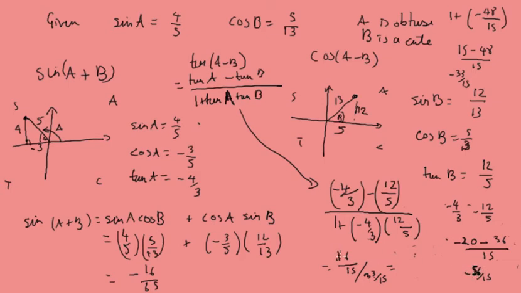Sorry, that made no sense there. That'll give us 56 over 33. So with these ones, take your time in sorting out your fractions, because that's where you can really trip up.